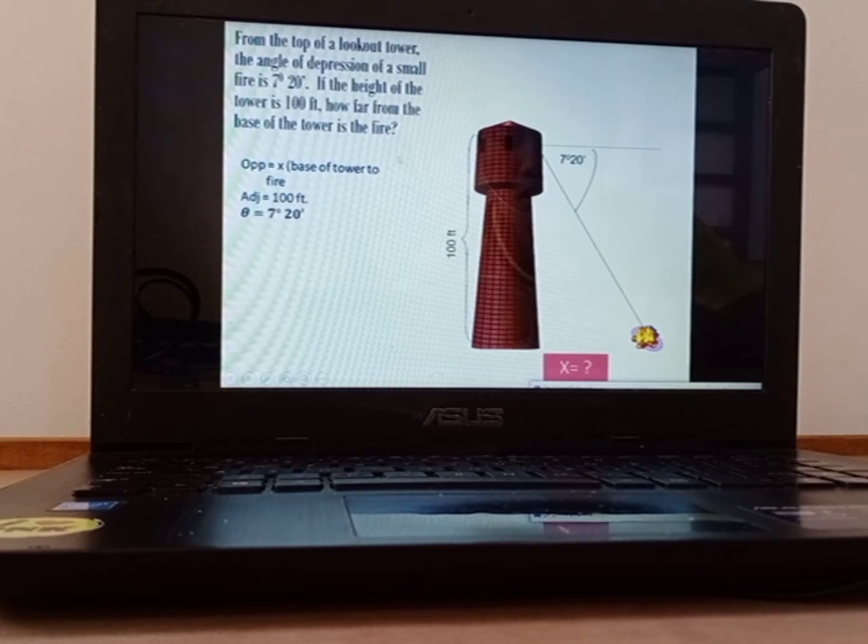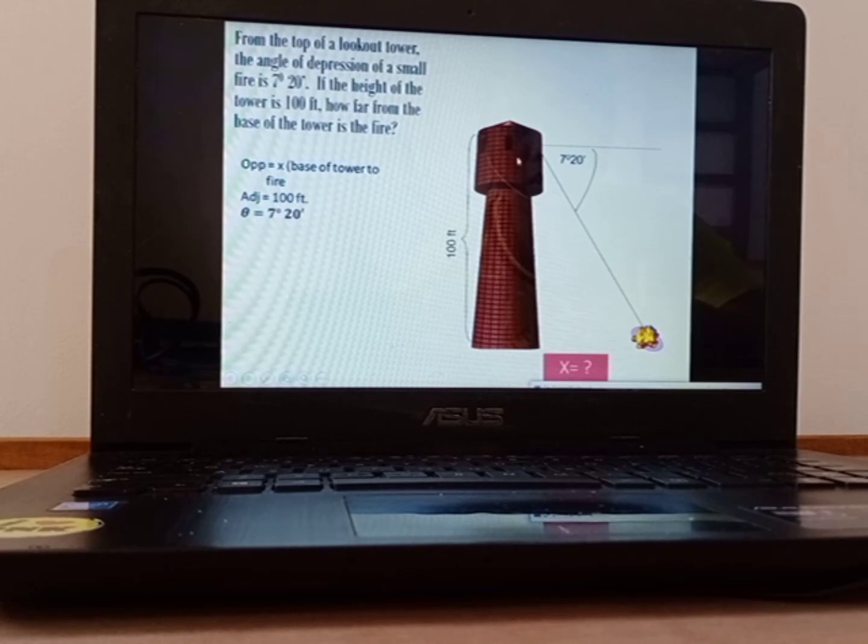So our question is, from the fire to the base of our lookout tower, what will be the measure of this? If this is our angle, 7 degrees and 20 minutes, then at the front of your angle is x, so this is your opposite side, and the side next to your angle is 100 feet, the height of the lookout tower.